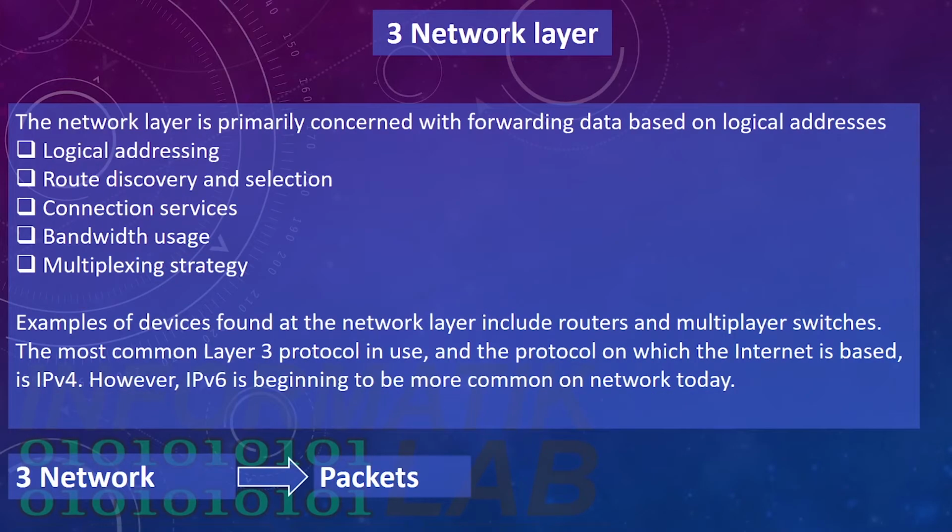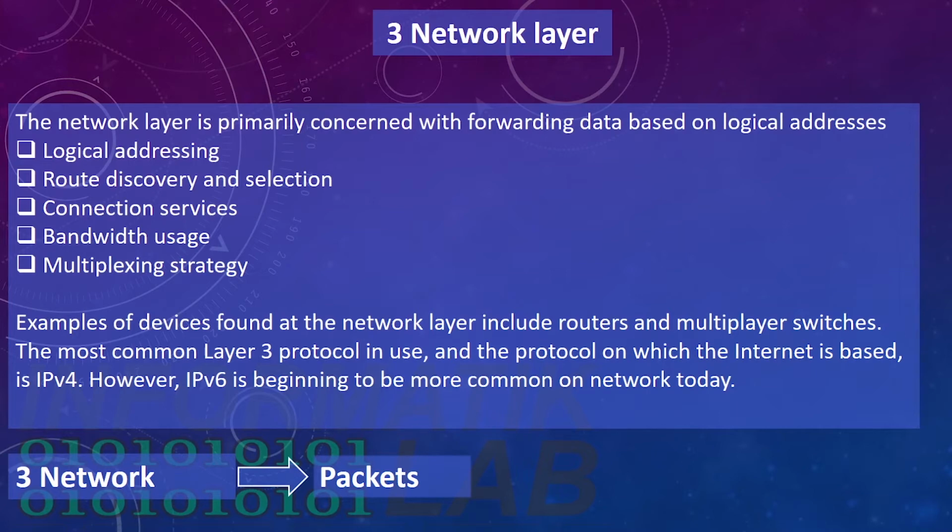Network layer, number 3, layer 3. The network layer is primarily concerned with forwarding data based on logical addresses: logical addressing, route discovery and selection, connection services, bandwidth usage, and multiplexing strategy.